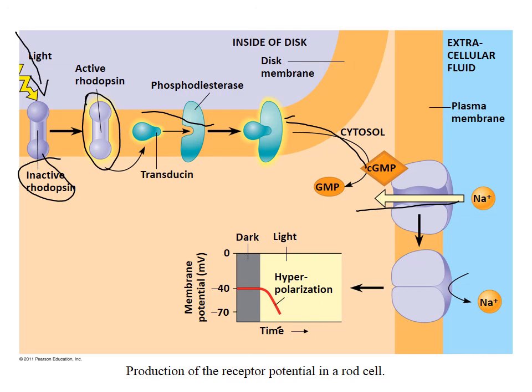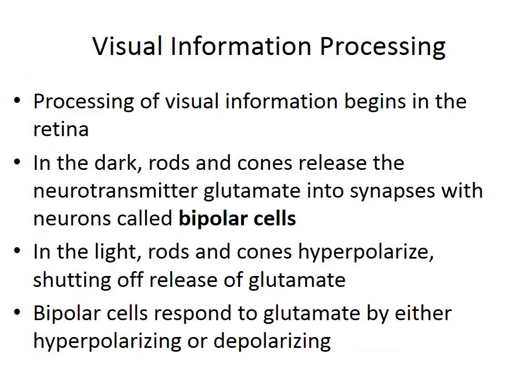So that will tell us that there's actually light. So processing of visual information begins in the retina. In the dark, the rods and cones release the neurotransmitter glutamate into synapses with neurons called bipolar cells. But in the light, the rods and cones hyperpolarize, and they shut off the release of glutamate. So the bipolar cells respond to glutamate by either hyperpolarizing or depolarizing.